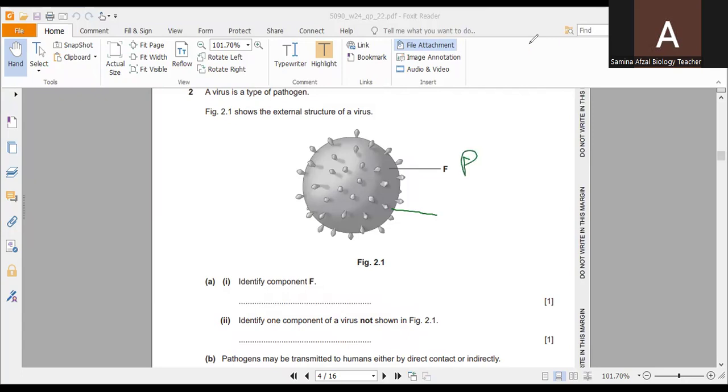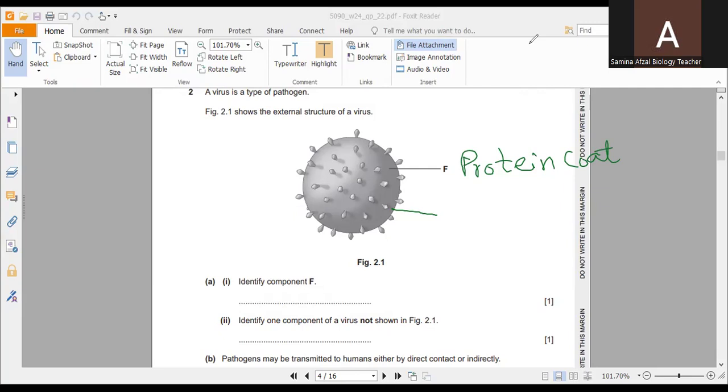F is the protein coat or protein envelope, and identify component F, protein coat.